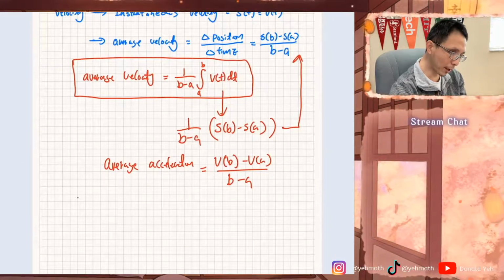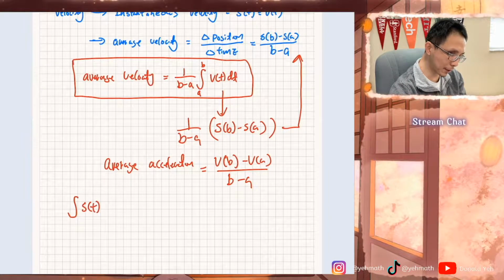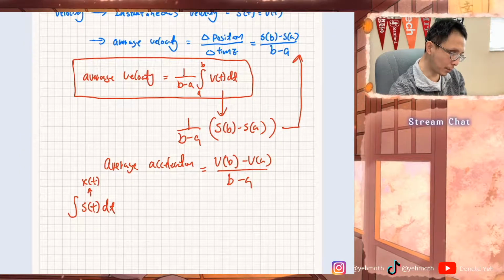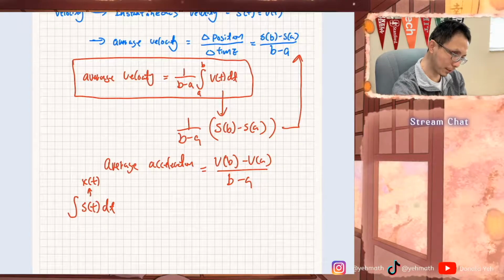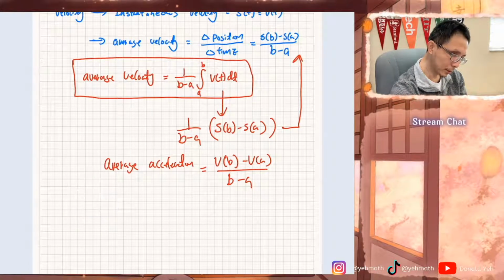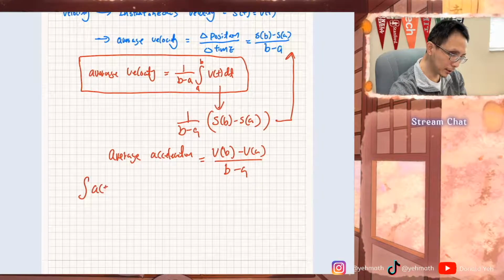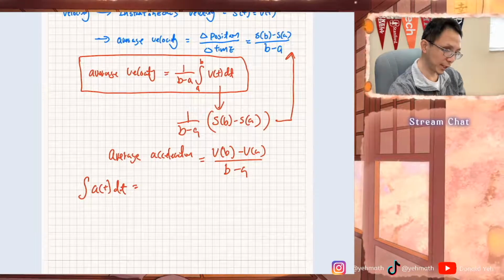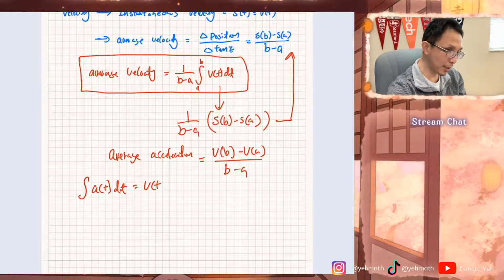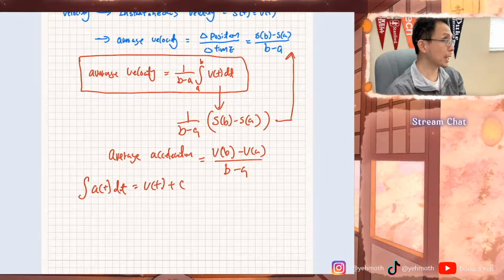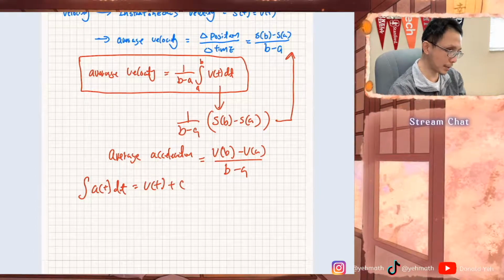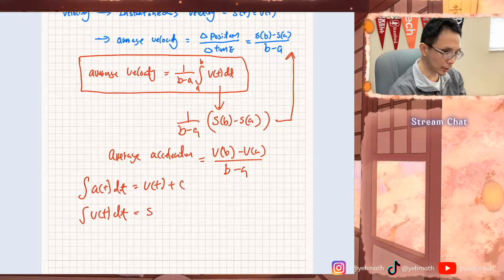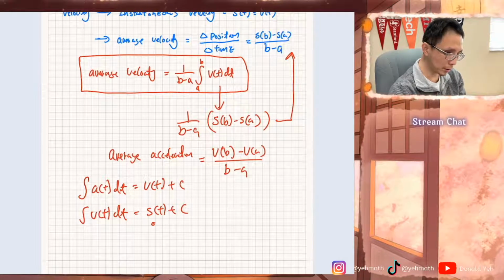Now, also we're going to talk about what if I have integration of s of t or x of t. So remember, this can be x of t. I'm sorry, that was bad. Integration of a of t is equal to what? What's the integration of a of t? V of t. But you're going to have to pay attention. There was a plus c. Usually that c means the initial velocity. And integration of v of t dt is equal to s of t plus c, or x of t.